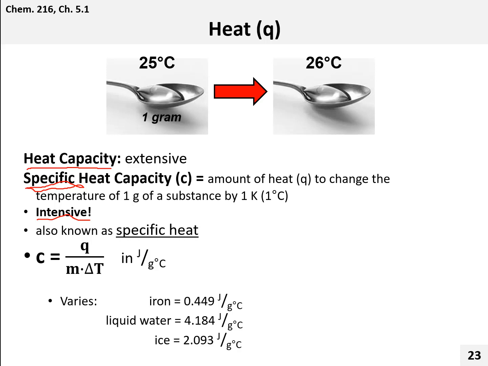And it's now going to be in joules per gram degrees C. And specific heat capacity is better than just heat capacity. The reason being is iron always has the same specific heat capacity, whether this is a small amount of iron or a large amount. Okay? So you can see some different things. Iron has a different one than liquid water, different than ice.